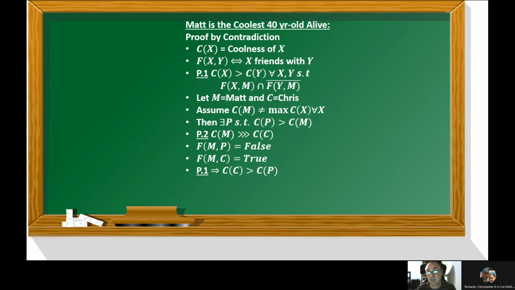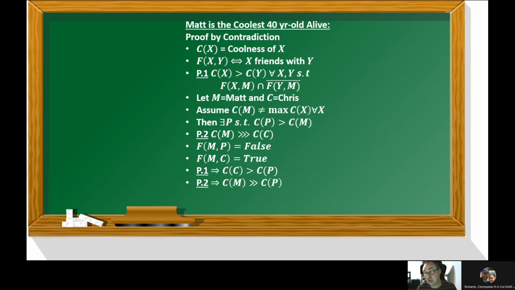Then we're going to use property one, right? Because by property one, since f(c, m) is true and f(p, m) is false, then by property one, by definition, c(c) is greater than c(p). By virtue of me knowing Matt and the other person not, because they are not friends, it is therefore fundamentally true that I am cooler than this person.